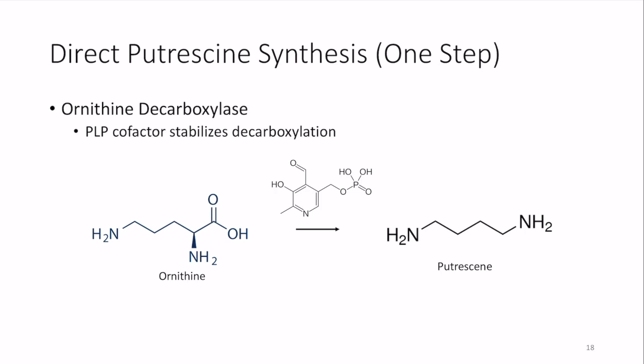The alpha amino group of ornithine attacks the ketone area in the PLP cofactor. In the actual enzyme, there's a lysine residue attached to the carbon here that is formed by an enamine double bond. Then the amino group of ornithine attacks in and forms the Schiff base and decarboxylates, and you get putrescine.